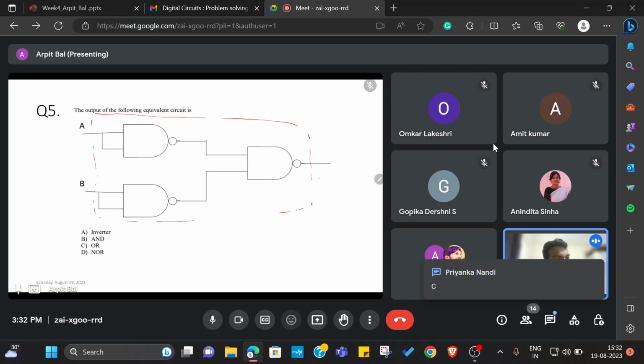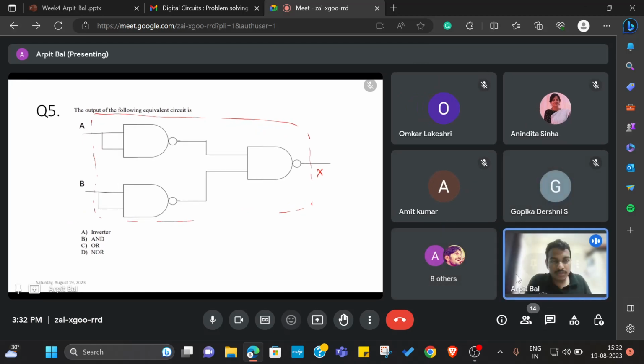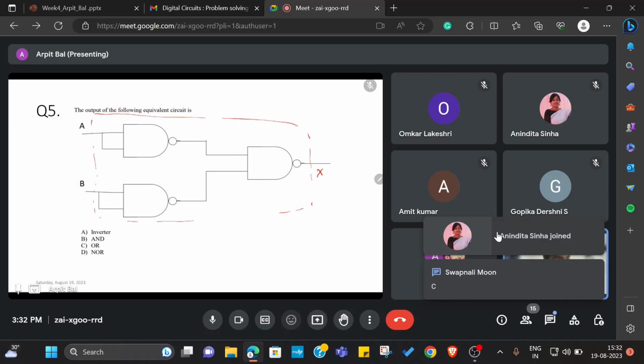Option C. Okay. Yeah, so option C is the correct answer. So here you can see both the inputs are tied to the same value in an AND gate. Okay, so we have A dot A bar, so this becomes A bar.